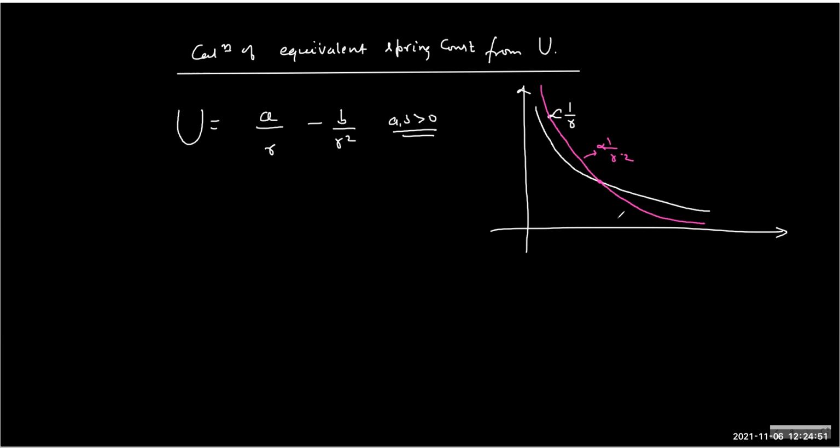So you can see that if I plot each term on the graph, each term looks something like this.